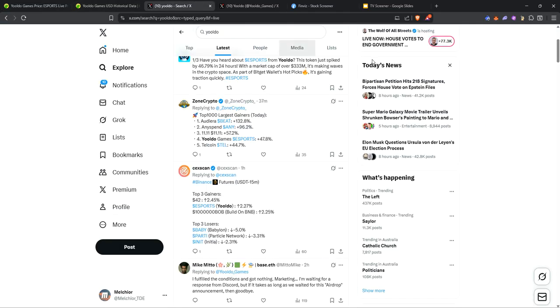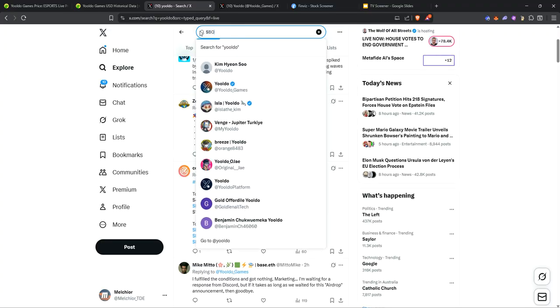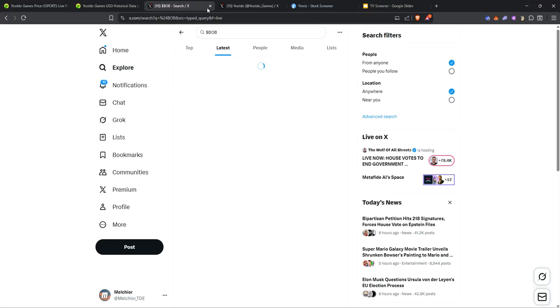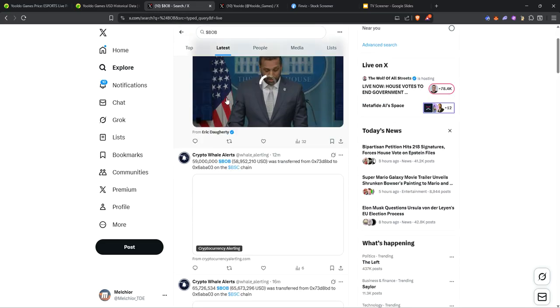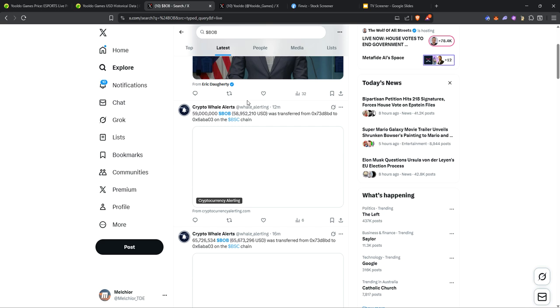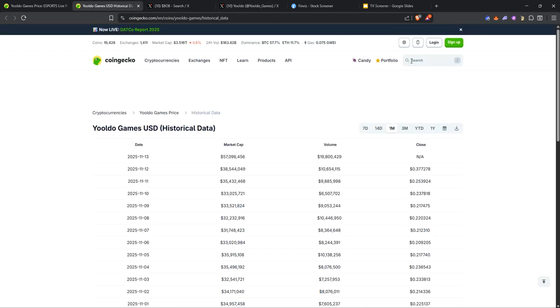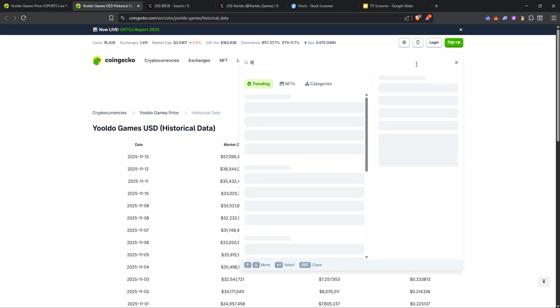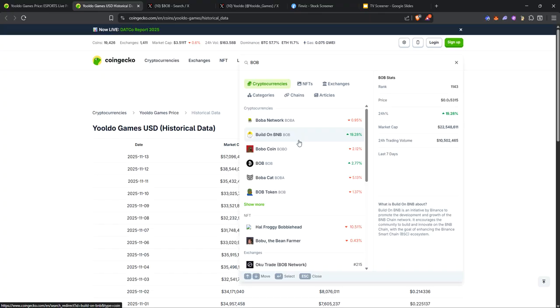Is that the meme coin? I'm hesitating because a whole bunch of things are going to come up for Bob. How many Bob coins are there?